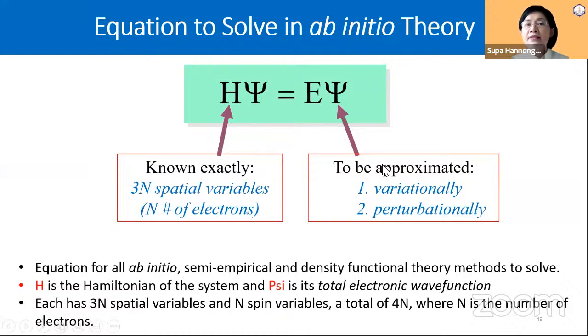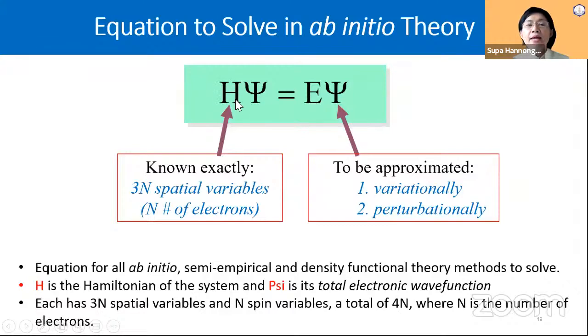This is the only equation that is used in all computational calculations, including ab initio, semi-empirical, that we are going to learn, and also density functional theory. The objective is to solve this equation.